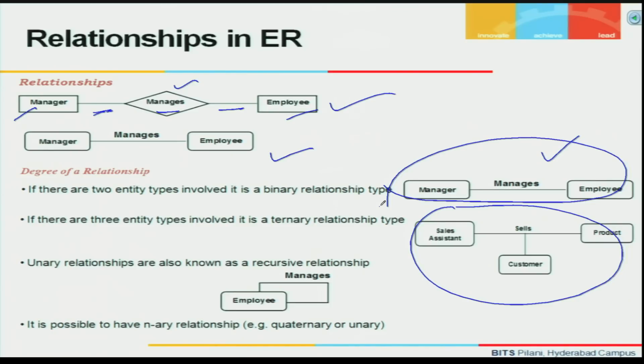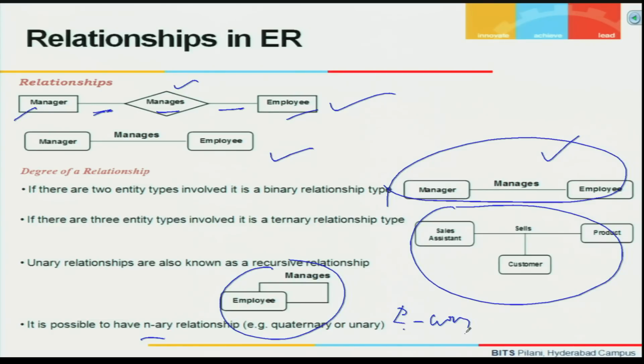Sometimes only a single entity type is involved in the relationship, and that is called a unary relationship. Theoretically, any number of different entity types can be involved in a relationship, and that is why we can have n-ary relationships. If it is 4-ary, what is the meaning?